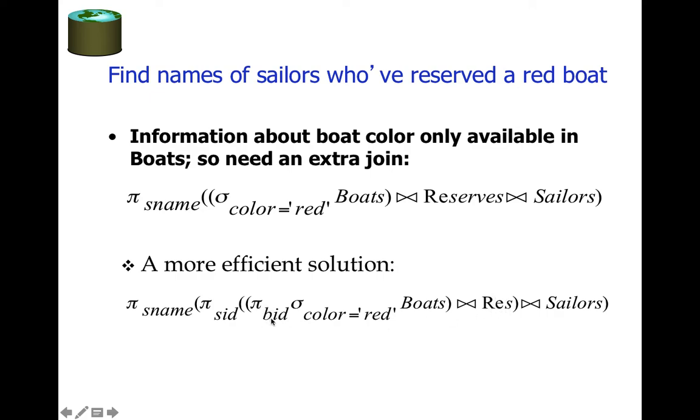So the difference between this one and this one is that after this step, you project only the boat ID, because that's the only one that I need from reserves, and you do that with the reserves join. So we're going to see information of those boat IDs which were red only. The same thing here, but here we didn't do a projection. All the rows and all the columns appear.